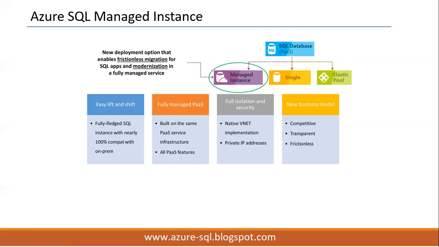In SQL DB, again, we have two options: one is a single database, or we can maintain a group of databases in the form of an elastic pool. Both can be maintained.